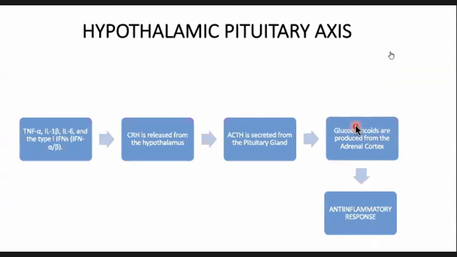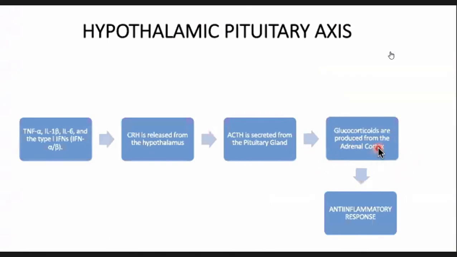We also have the hypothalamic pituitary axis. In response to the DAMPs and their receptors, the tumor necrosis factor, interleukins, and interferon, corticotropin-releasing hormone is released from the hypothalamus, thereby also stimulating ACTH secretion from the pituitary gland in response to cellular injury.